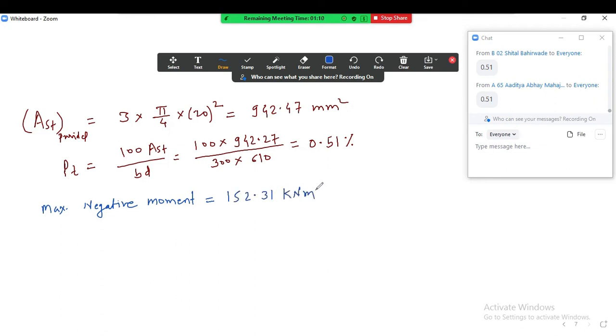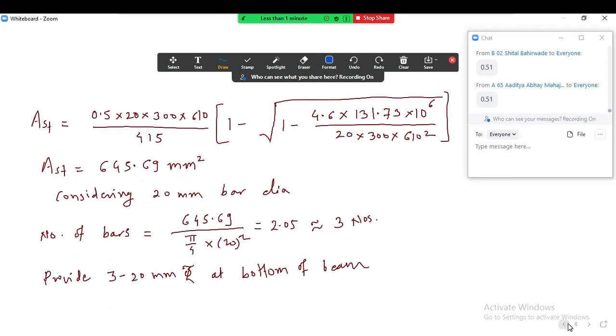So repeat all the steps. Calculate the value of Ast now. Again, you know the formula. Just put the values and let me know the value of Ast. I will not write it once again. Here in this formula, just instead of 131.73, you need to put the value here.